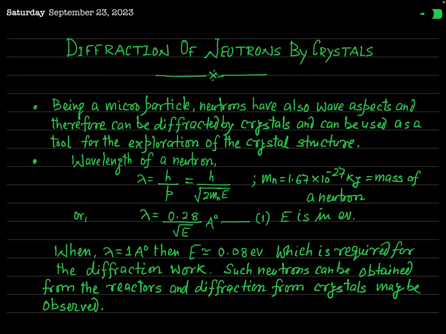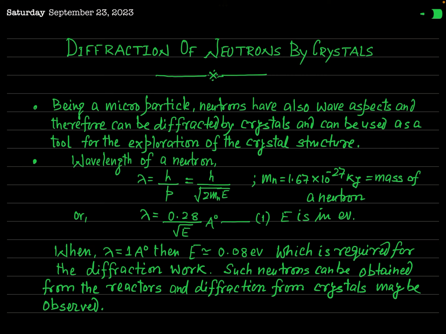So in case of neutrons too, the crystals are the most suitable diffraction aperture, and so neutrons can also be diffracted from crystals, just in the same way as do the electrons. Okay.